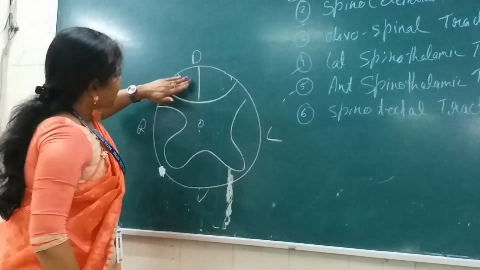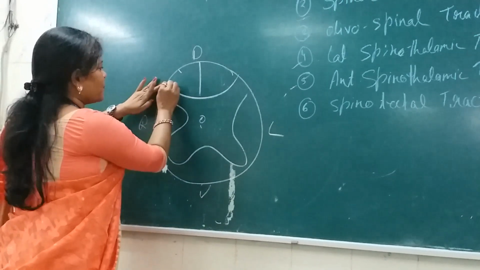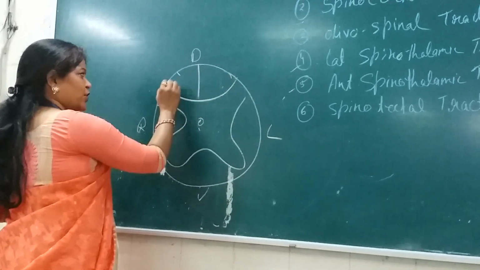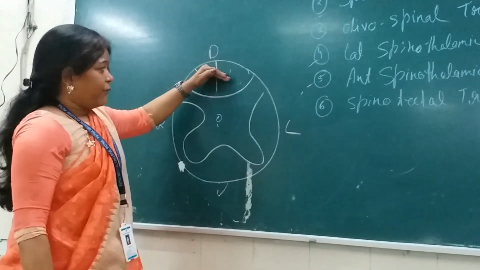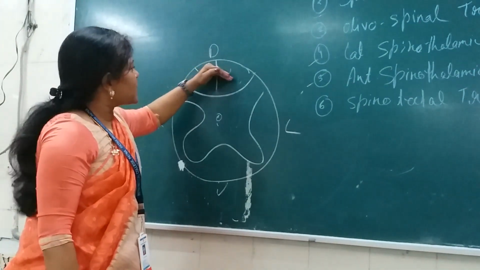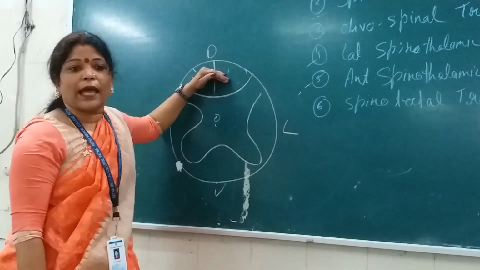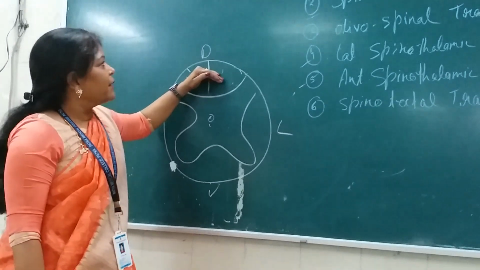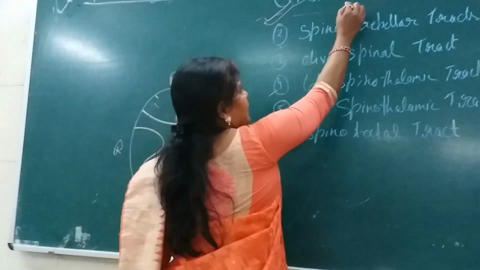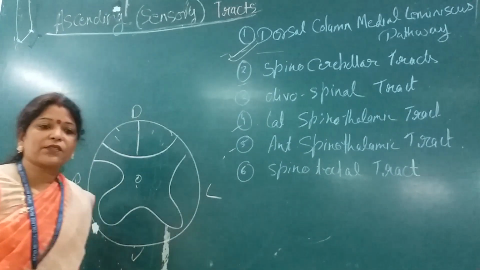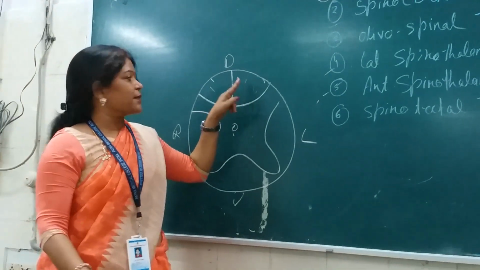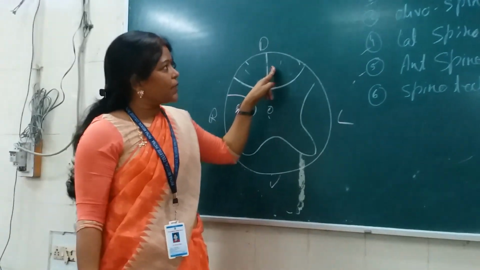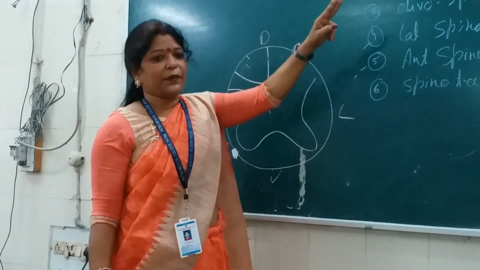So this part which lies between the two posterior gray horns is the dorsal column. We have discussed in the previous class that this is an ascending pathway only. Okay, the full nomenclature: the tract which ascends in the dorsal funiculus is the dorsal column medial lemniscus pathway.